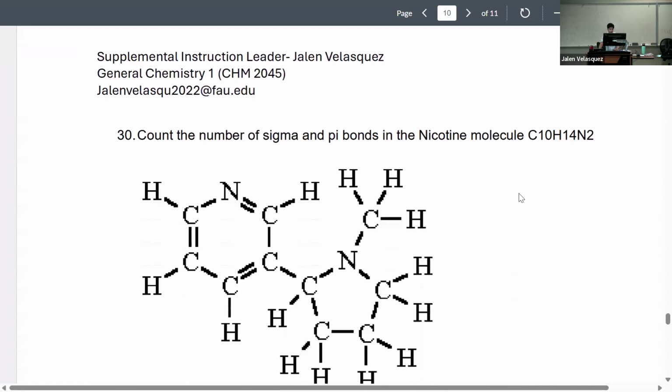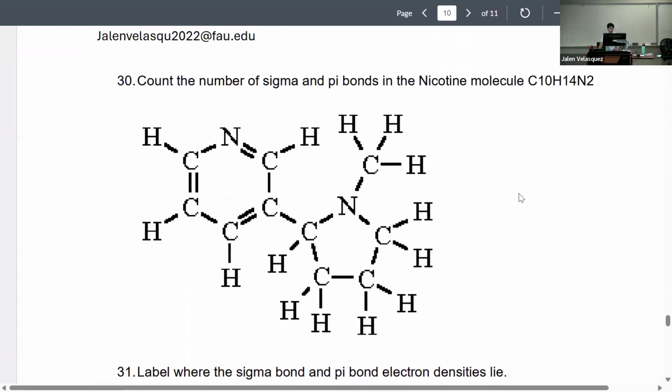All right. Number 30 says to count the number of sigma and pi bonds here in the nicotine molecule. So we want to count sigma and pi.